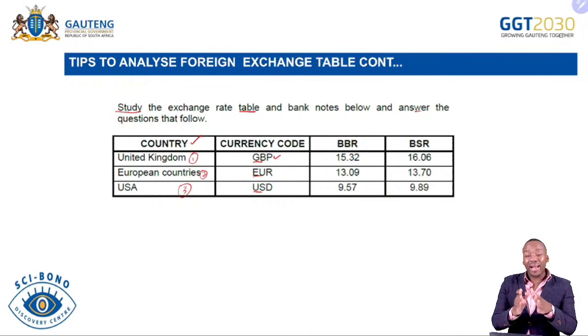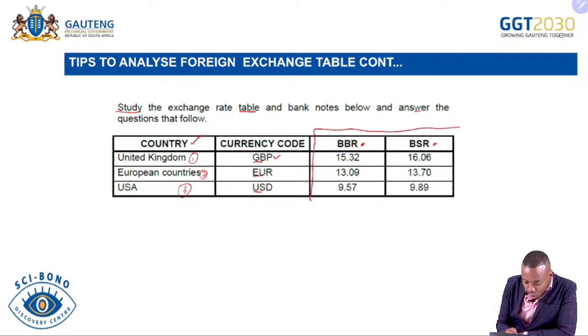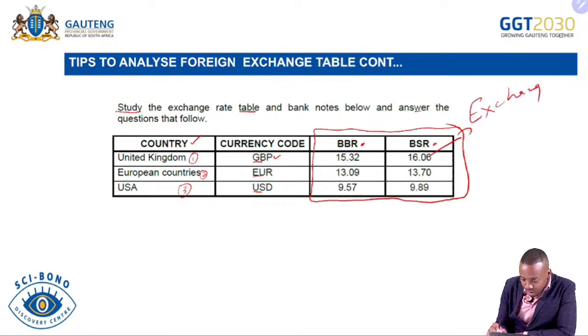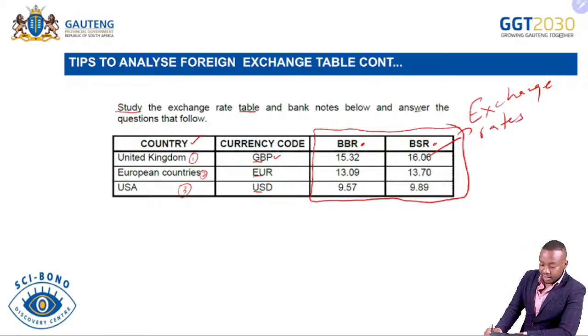Right? Analyze each block separately, right? And then block number 3, we've got BBR and also BSR. We will deal with this next week. But what do we have on these 2 columns? We have our exchange rates, both BBR and BSR.